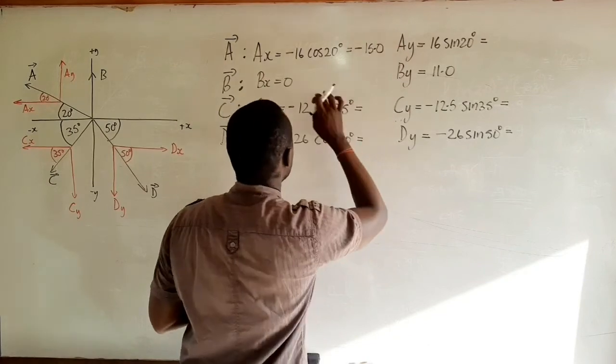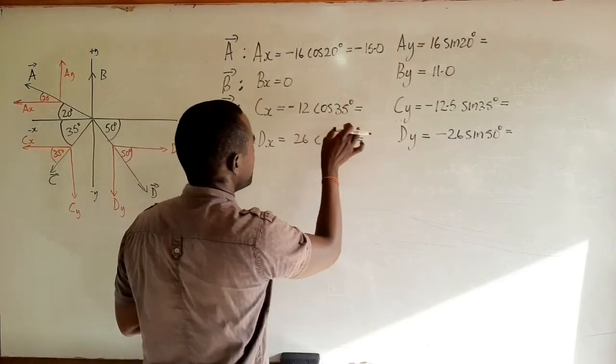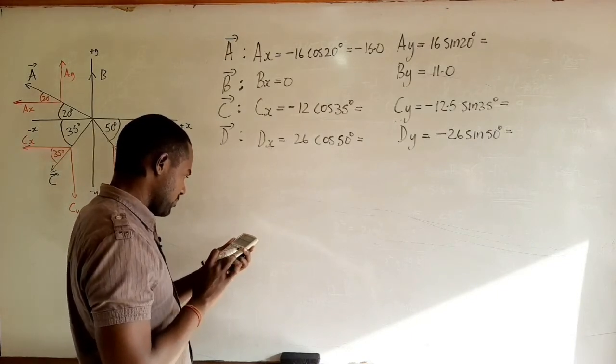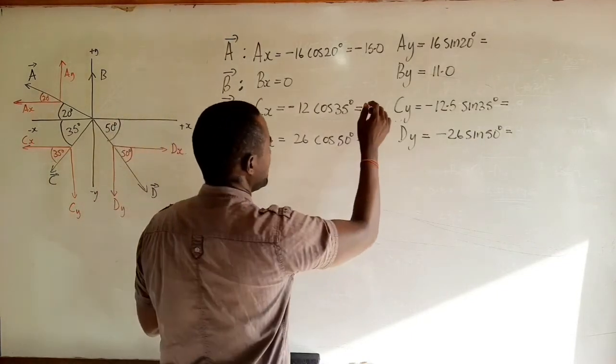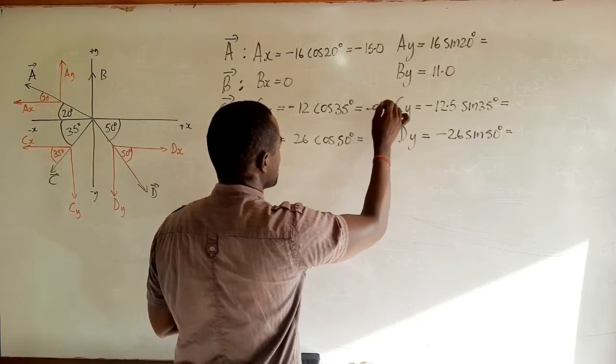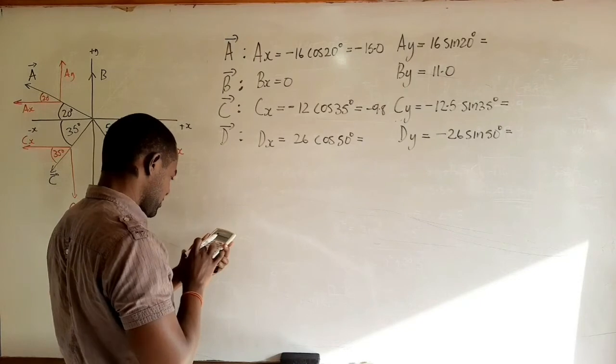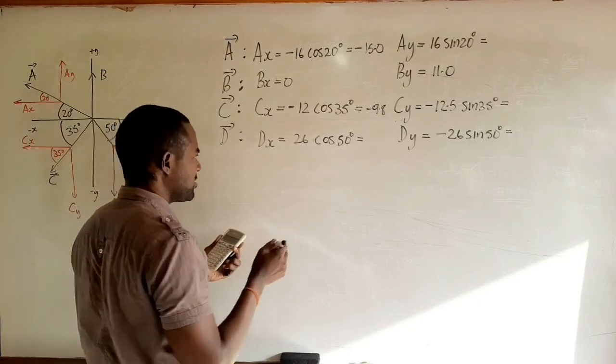No need to work that out. Cx is minus 12 cos 35, this is minus 9.8. And Dx is 26 cos 50, 16.7.